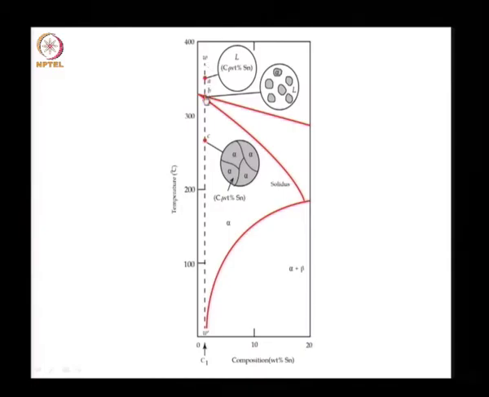As the temperature drops, we hit the liquidus line, nucleation starts and the alpha phase starts to form. As we go down into this alpha region, now we find that crystallization completes. As in the previous cases, we will have a polycrystalline material with different alpha crystals or alpha grains.